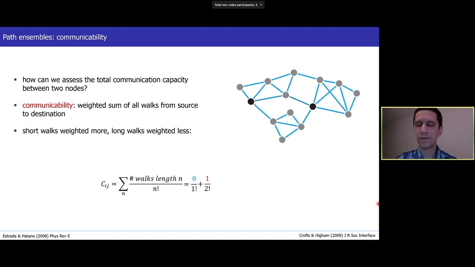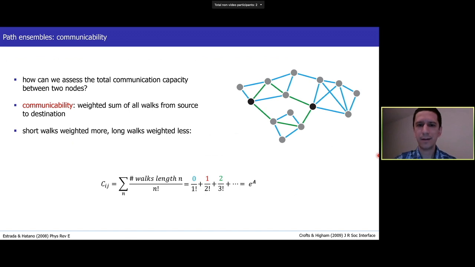If we consider walks of length 3 now, there are actually 2 such walks shown here in green and also here in green. So we have 2 divided by 3 factorial and so on. The reason why communicability is defined in this way is because this essentially forms the Taylor series.